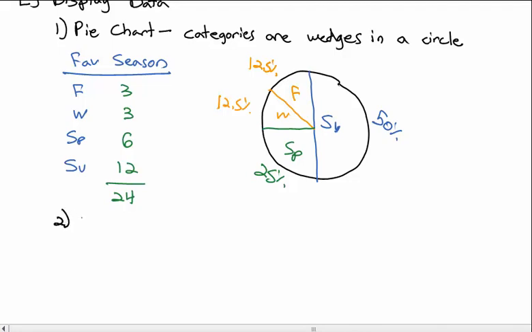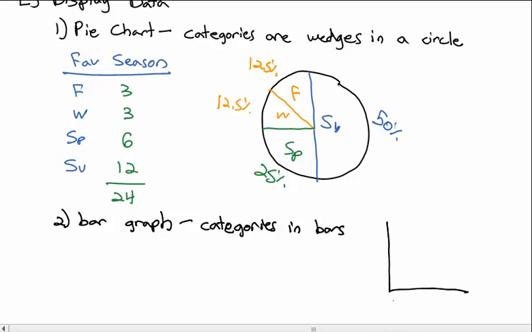We could also have represented this information in a bar graph. And a bar graph just has categories in bars rather than parts of a pie.